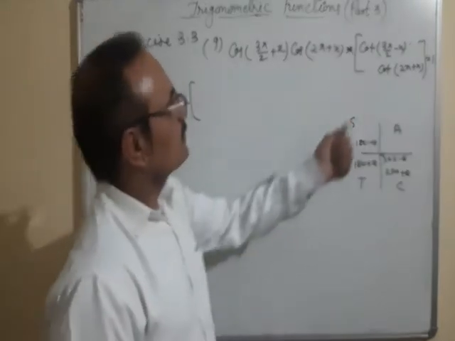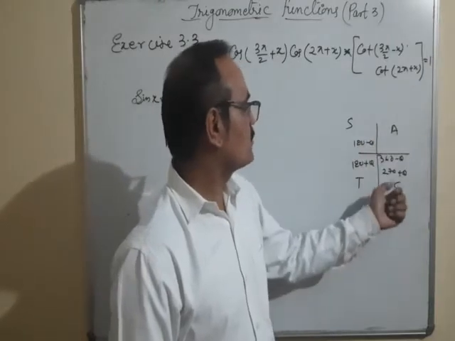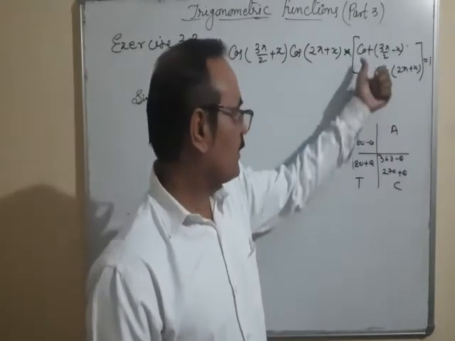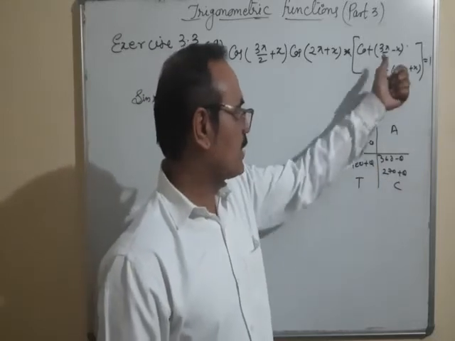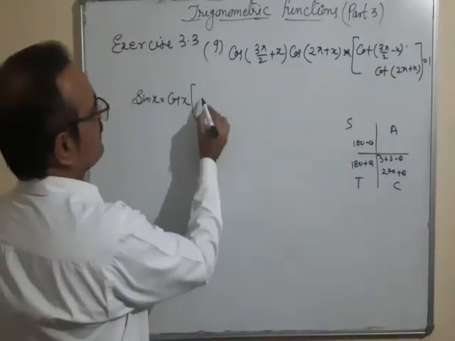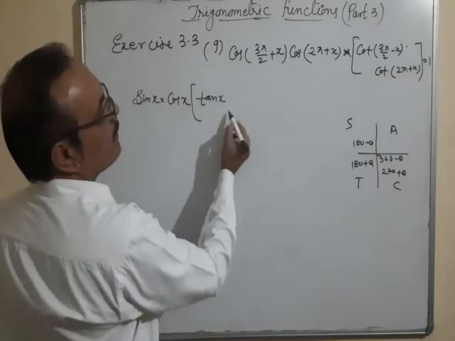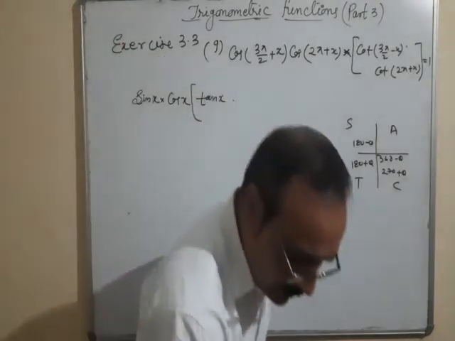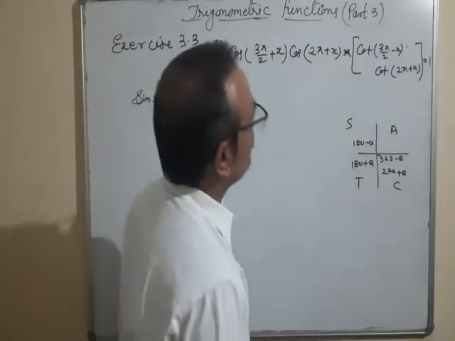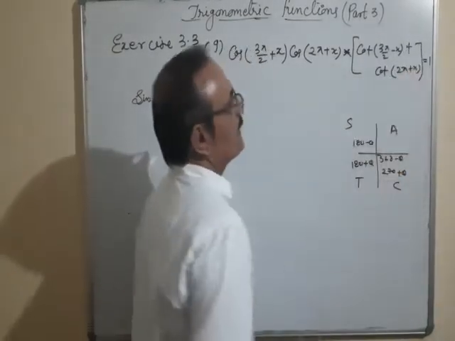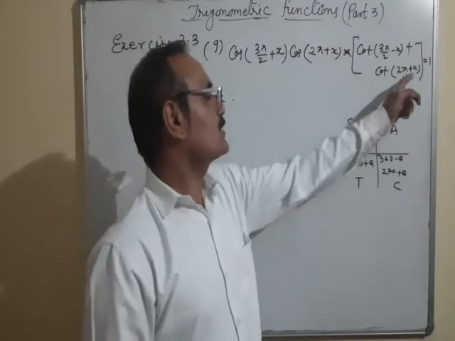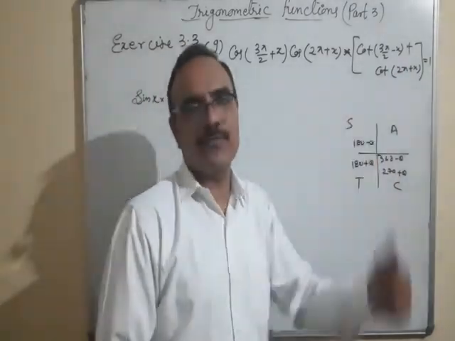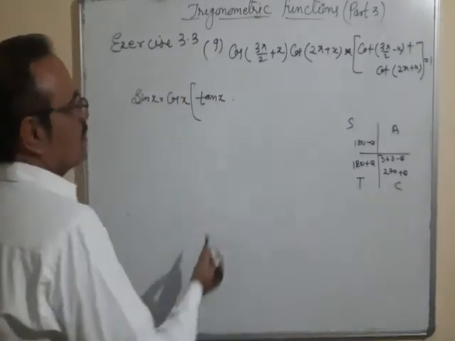Then cot(270 minus x), in the third quadrant where tan and cot are positive, so it is tan x, and into, it is a plus sign, sorry, cot(360 plus x), again in the first quadrant, it is cot x.